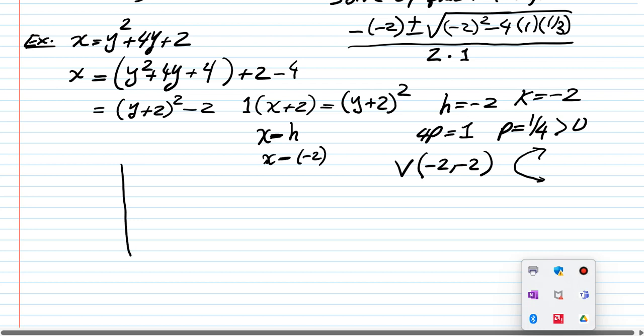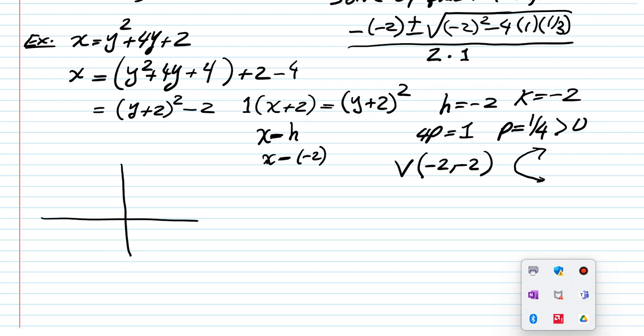Let me do that. And vertex is at negative 2. Let's call that negative 2 right here. And it opens to the right. So let me find the x-intercept again, so I can graph it more accurately.